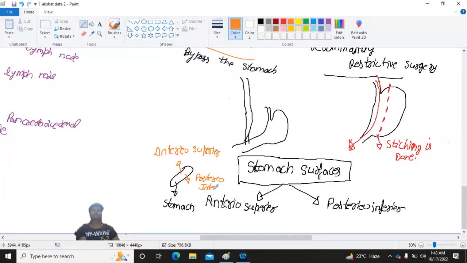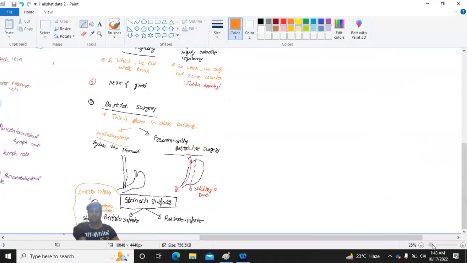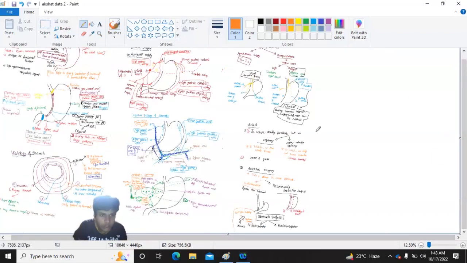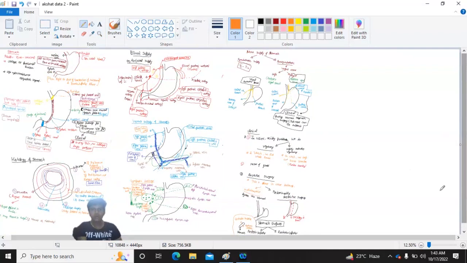These are the two surfaces of the stomach. So this is the whole data covered.